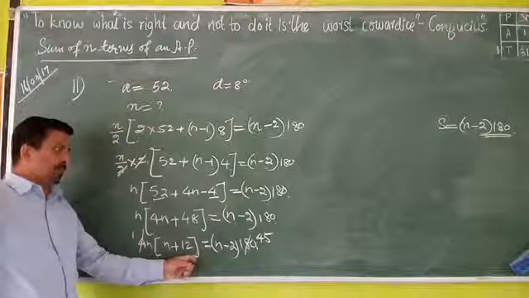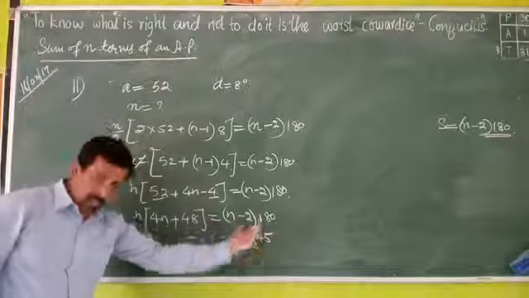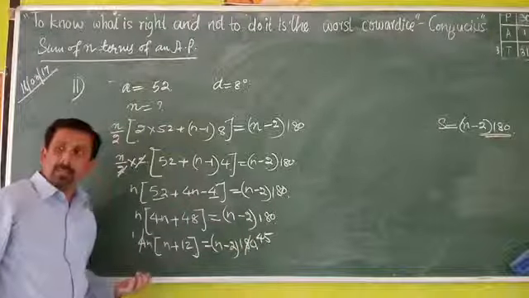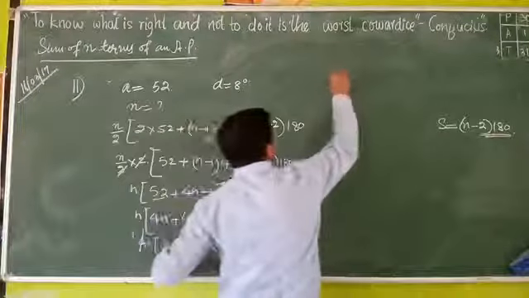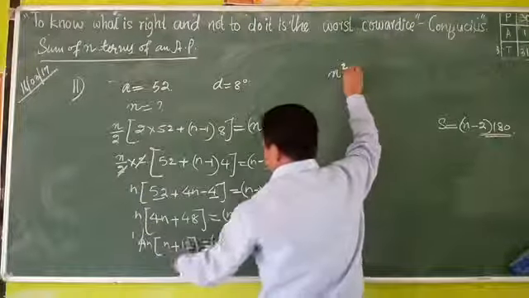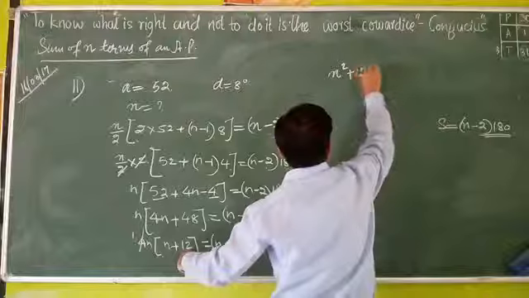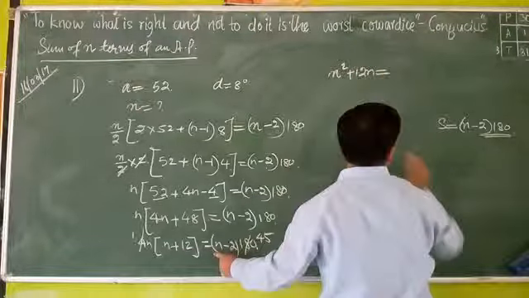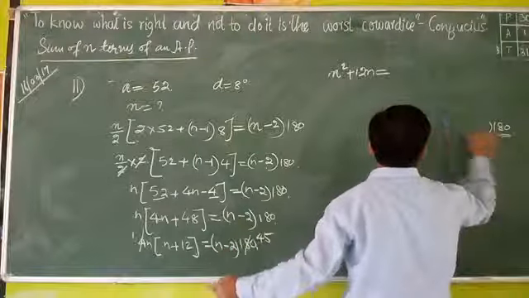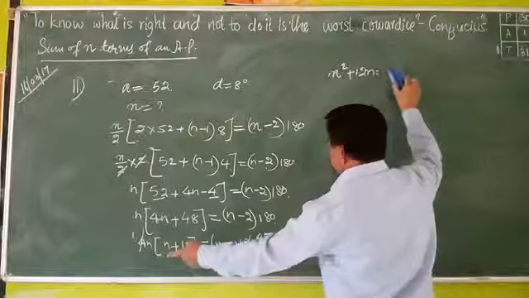After this I am going to multiply, and then bring everything together on one side. So n into n, n square plus 12n. Right hand side, we have 45n. Can I take this to the left side?